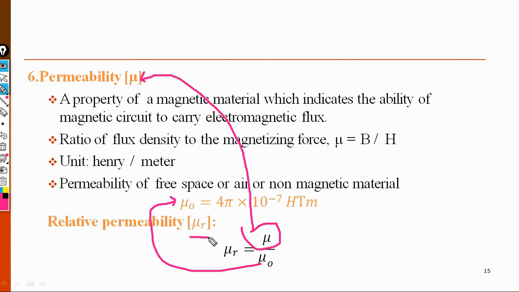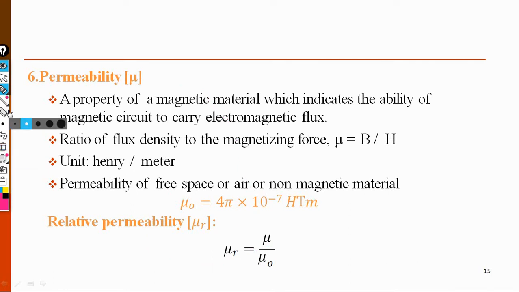That means relative permeability is the ratio of permeability upon permeability of free space or air or non-magnetic material. Now this is the definition of permeability and relative permeability. This is a very simple concept.